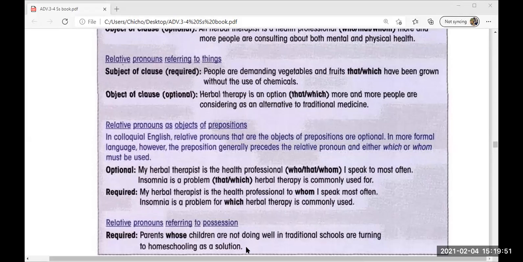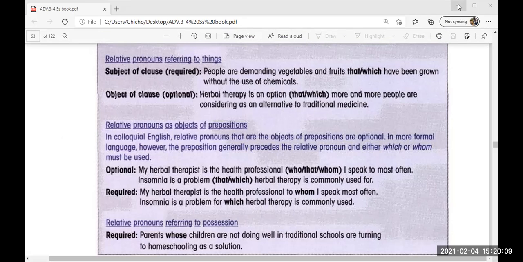Okay, very good. As you can see in this part, the relative pronoun is required.